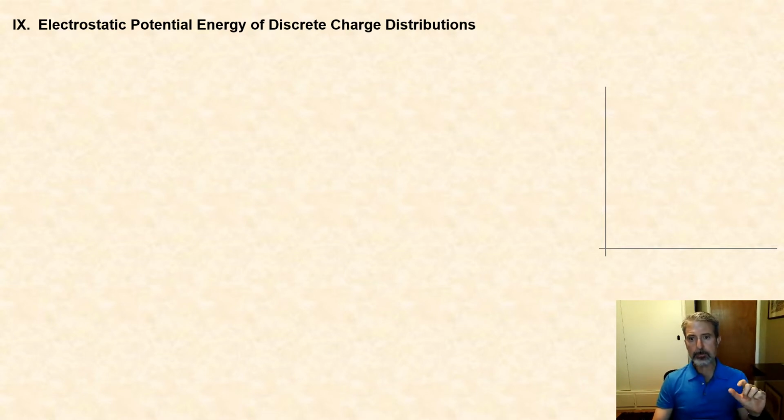And lastly, we'll talk about properties of what we call equipotential surfaces and look specifically at the case of the charged conductor that we introduced previously, since, as we'll soon see, a charged conductor is an equipotential surface.